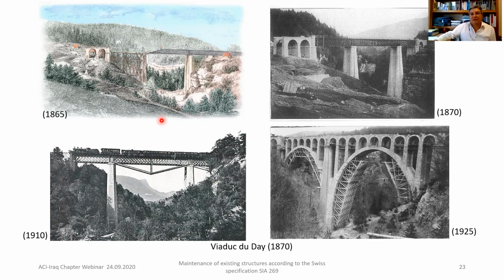The first design was this one, the steel bridge, very simple. But in 1910, they decided to reinforce it because the weight of the trains had changed, so they reinforced it by adding these steel members.